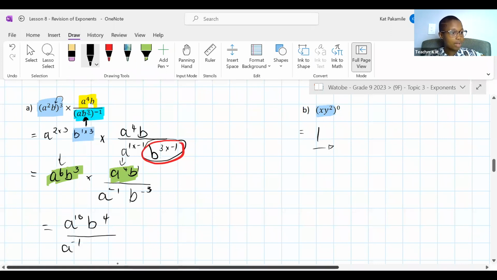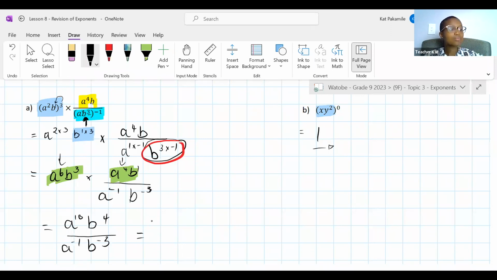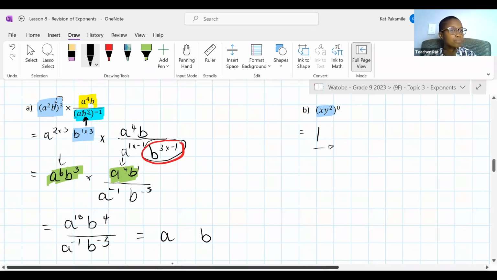Now we're left with dividing. What happens when we divide? What do we do to the exponents? Subtract them, remember. When you're dividing, you need to learn your rules, Chichi. You can't lose marks because of laws, okay?